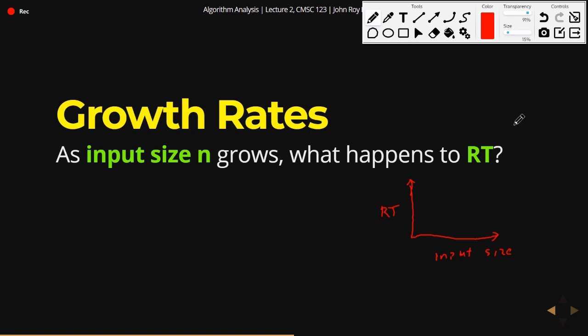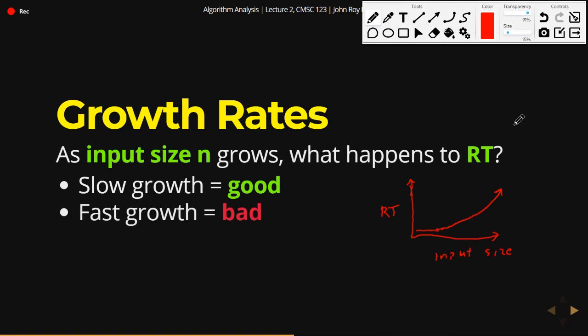So as n grows, as it increases here, what happens to the running time? If it's a slow growth, that means that it's good. So even as we increase the input size, the running time doesn't really increase fast. So it has a very slow growth rate. So that one is good.